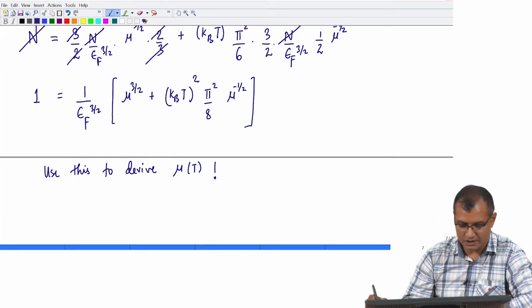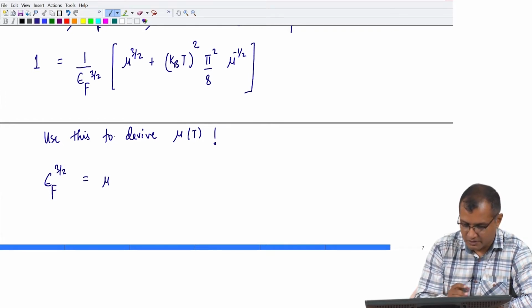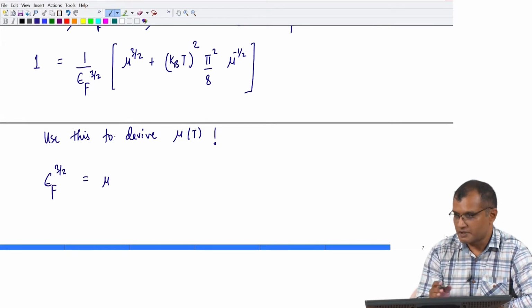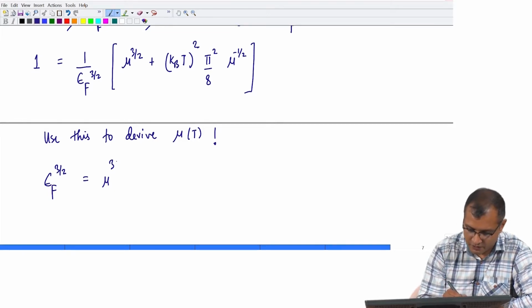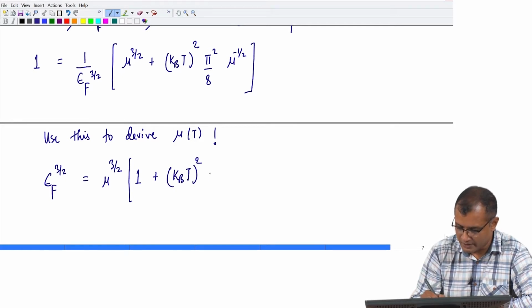That can be computed very easily. You can multiply both sides with E_F to the power 3 half. So what you get is just the expression in the brackets, and from that if you take out mu raised to 3 half outside, what you get is 1 plus kBT the whole square into pi square by 8 into mu raised to minus 2.